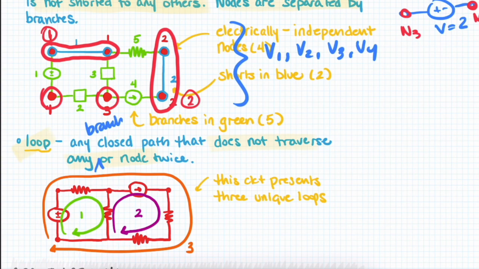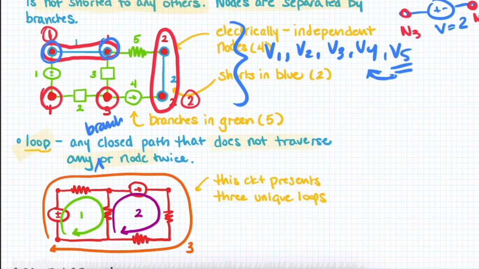Right? If you thought that these were 2 different nodes, then you might be trying to solve for an additional value V5, which is the same as V4 and could lead to having potentially, in mathematical terms, an underconstrained problem.